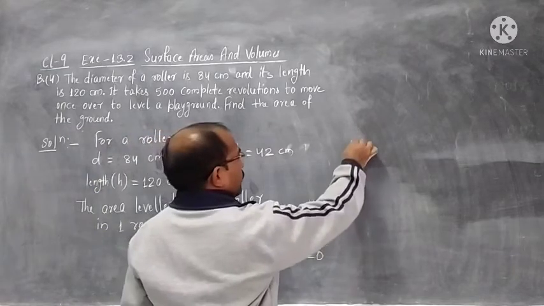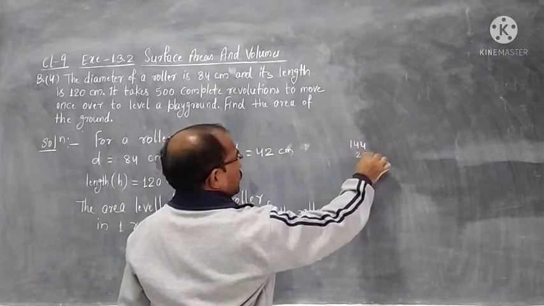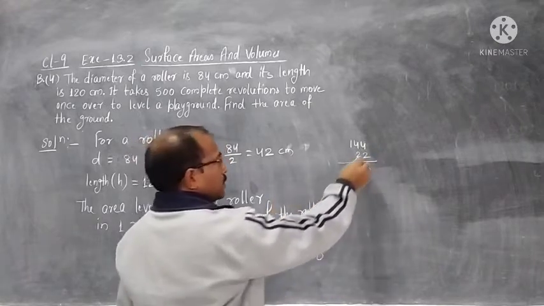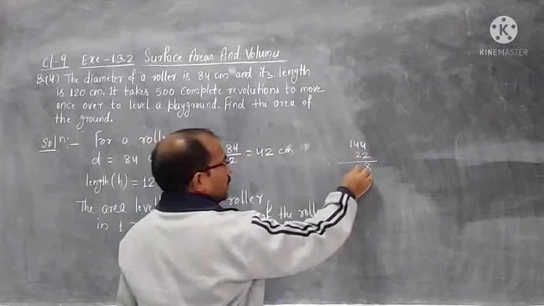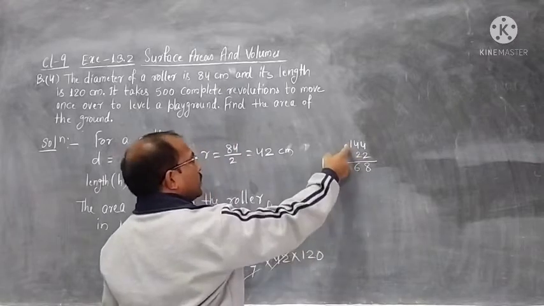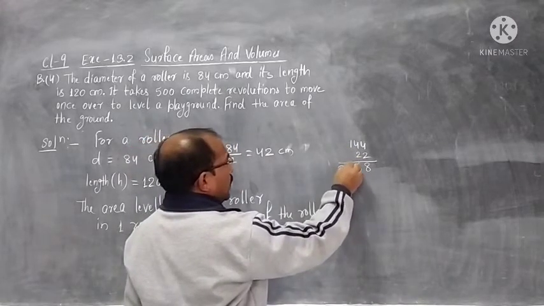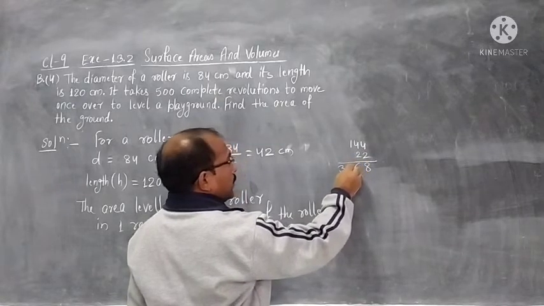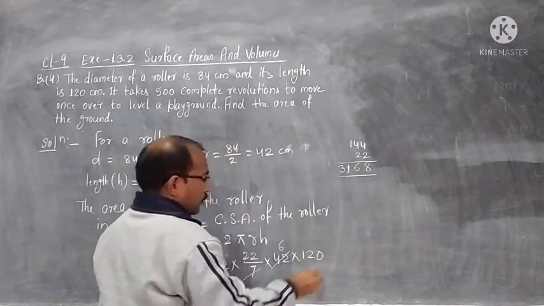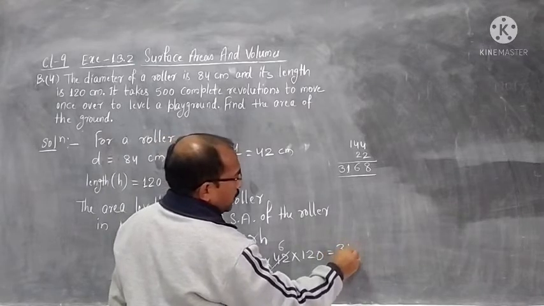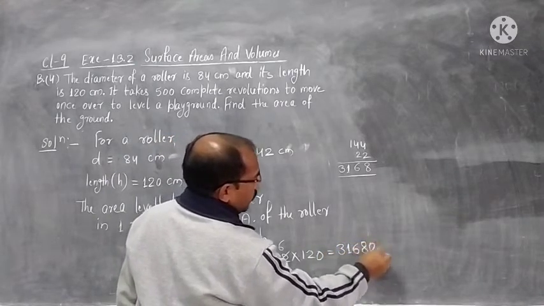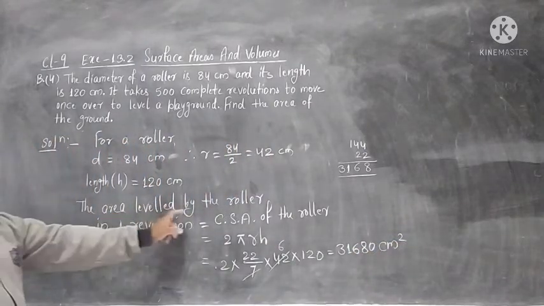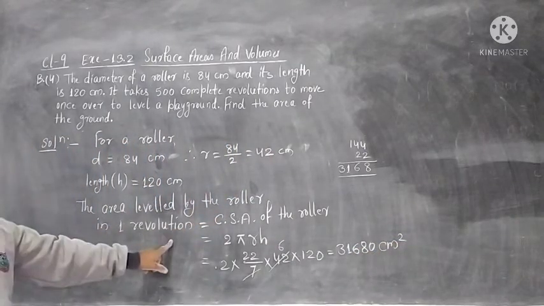So, 144 into 22: 22 4s are 88, 8 remains, 22 4s are 88, 8 96, 9 remain, 22 1s are 22 and 9, 22 and 9 will be 31. So, we found 31680 centimeter square. What is this? The area leveled by the roller in one revolution.